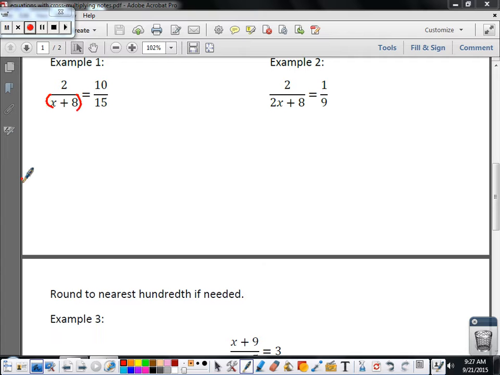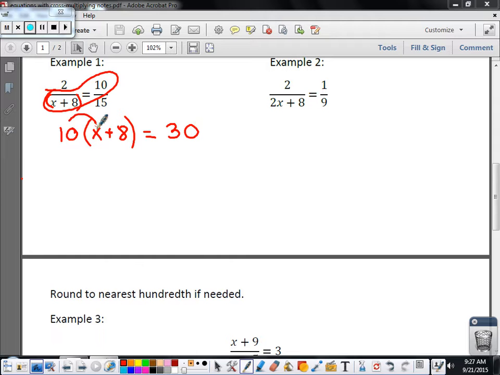Right here, right? So I'm going to multiply this and this. Now watch. So I'm going to write 10, and then I'm going to keep this in parentheses, x plus 8. And then set that equal to 15 times 2, which is 30. And then I'm going to solve it just like we've been solving equations for the last couple days. So what would I do first here, guys? Distribute. I'm going to distribute.